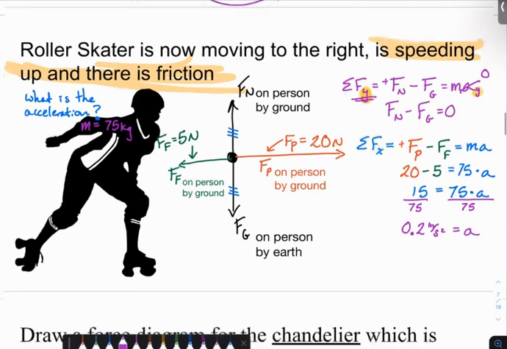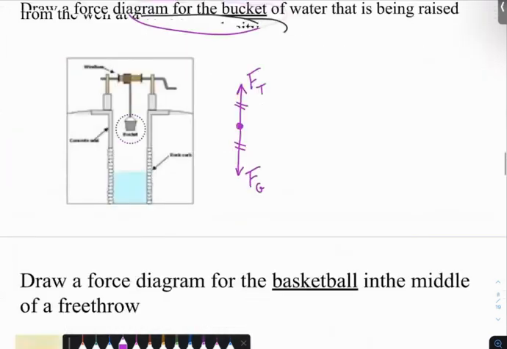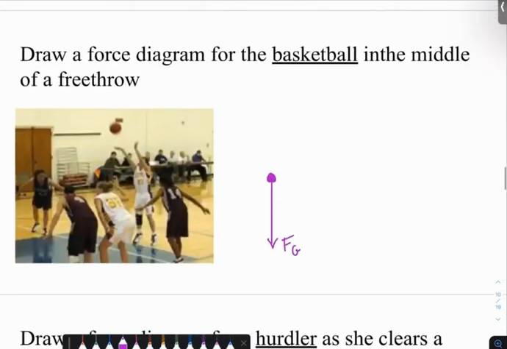All right, we're going to skip a few here because I want to focus on this one right here, where we have a basketball that is in free fall. So the sum of my forces in the x direction, again, are just 0. There's nothing going on there. The sum of my forces in the y direction is just gravitational force.